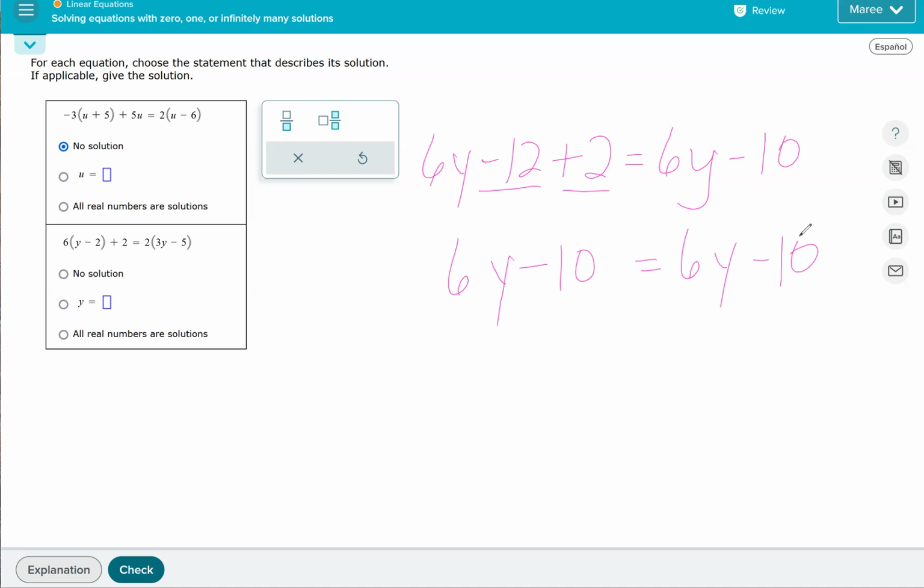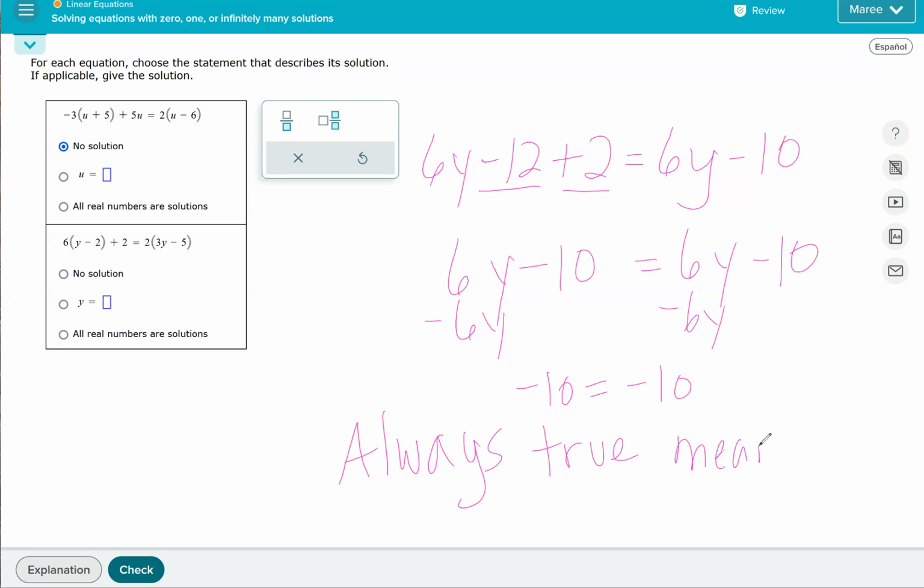They're the same. But let's just keep continuing. We subtract off the 6y just in case this is how you want to see it. So this is -10 equals -10. This is always true. So always true means any number that you put in for y will work. So it means there are an infinite number of solutions.